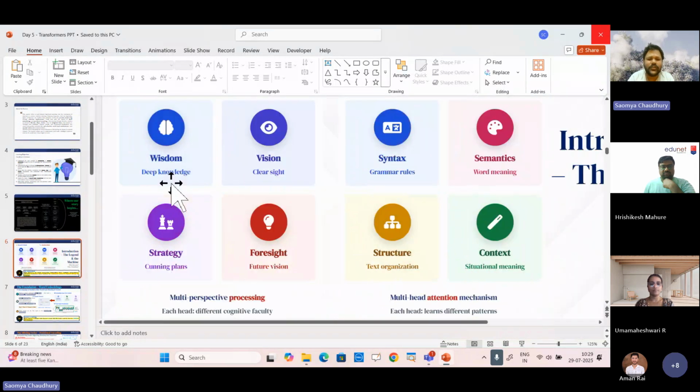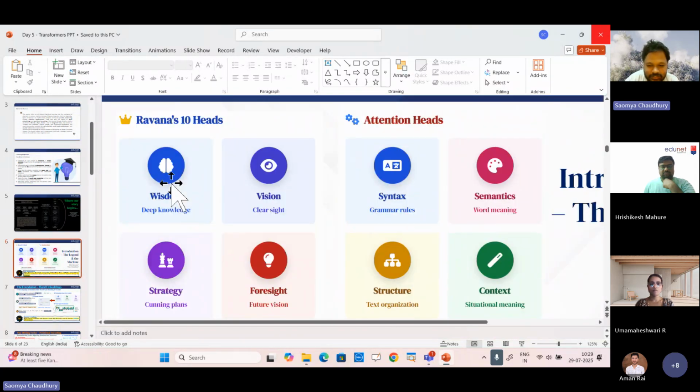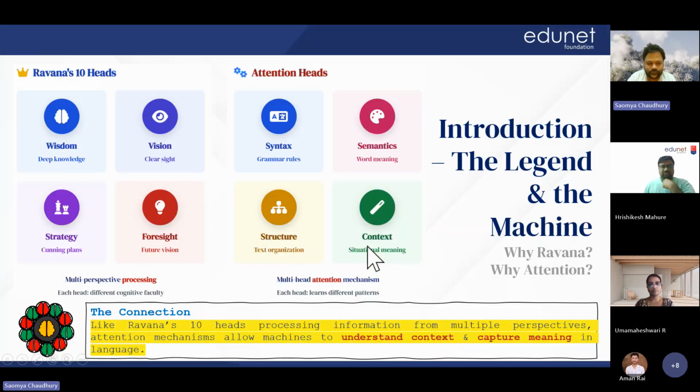Maybe I should use the presentation view so you all can see here. What I'm trying to do is basically establish an equal-to sign between this and this.